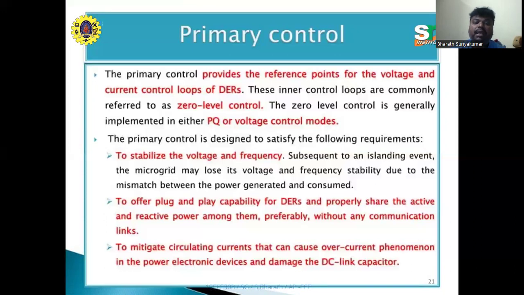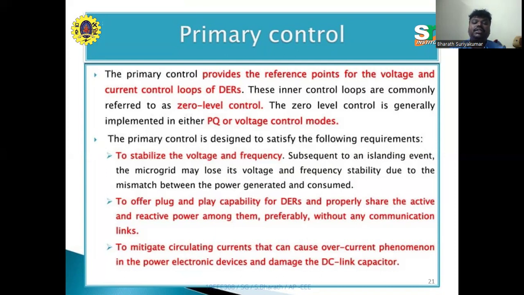Primary control. The primary control provides the reference point for the voltage and current control loops of DERs. These inner control loops are commonly referred to as the zero-level control. The zero-level control is generally implemented in either PQ or voltage control modes. The primary control is designed to satisfy the following requirements.